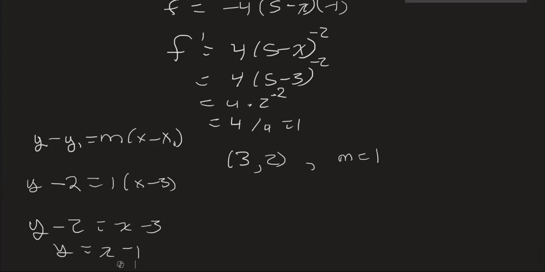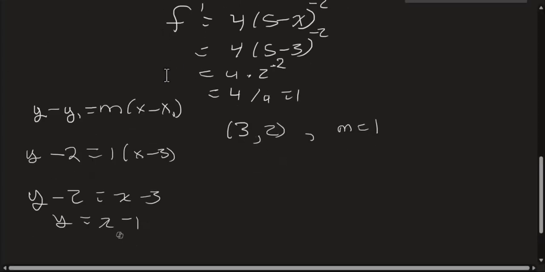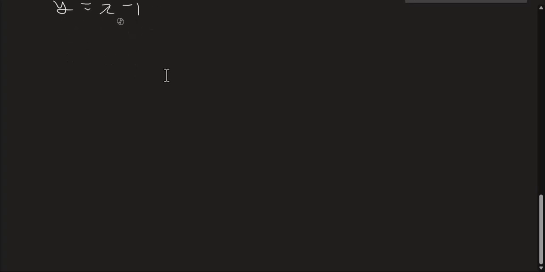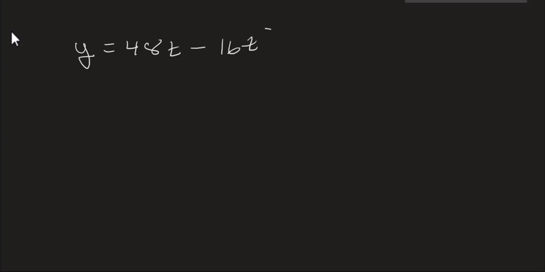Okay, and then the next problem: a ball is thrown into the air with an initial velocity of 48 feet per second. Its height in feet after t seconds is given by y equals 48t minus 16t squared.